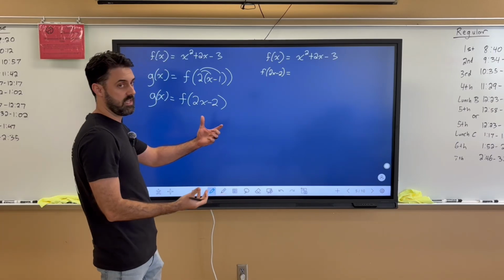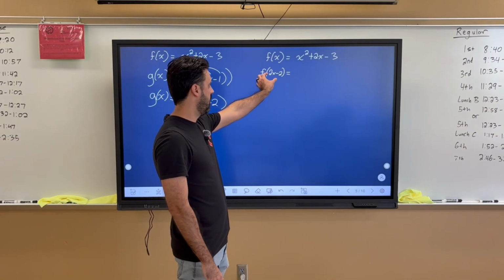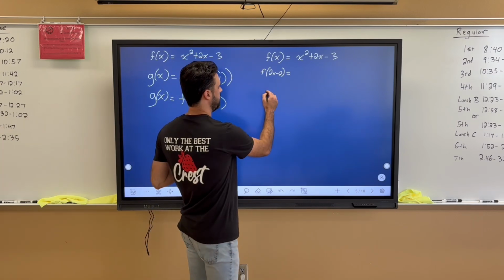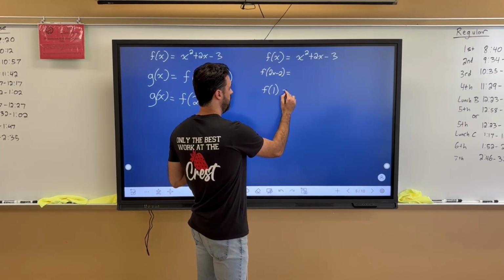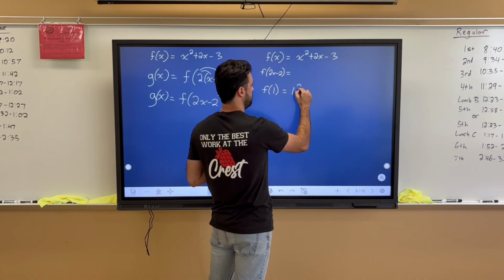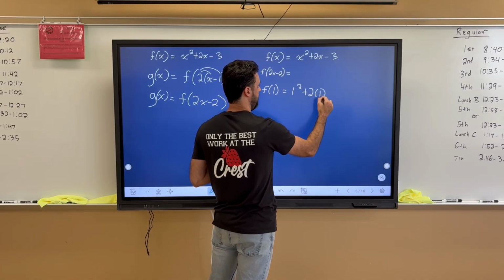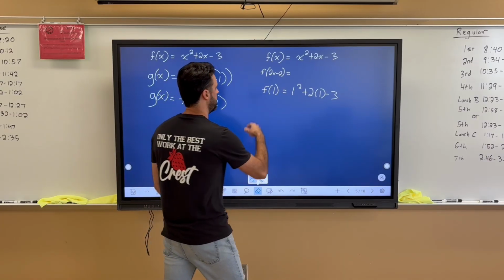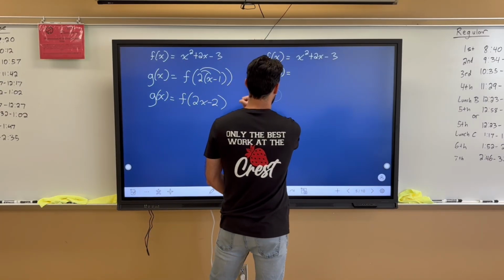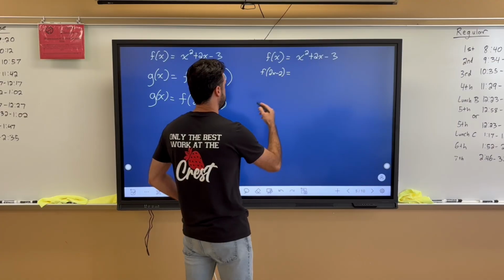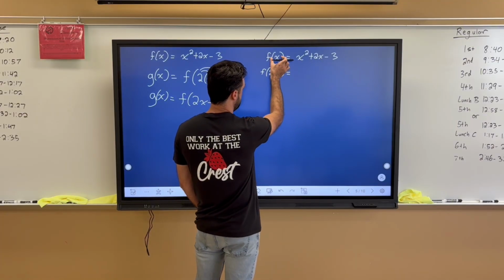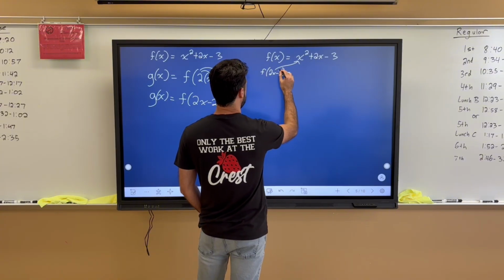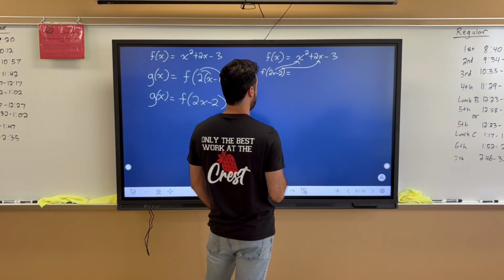So in function notation, whatever's on the inside always replaces what x is. So if I told you to find, for example, f of 1, well, you would just replace all the x's with the 1, and then you would simplify. So same idea here, there's just 2 parts to the inside. So we're going to take that 2x minus 2, and because it's in the place of x, we're going to plug it in right there, and we're going to plug it in over here as well for both x's.